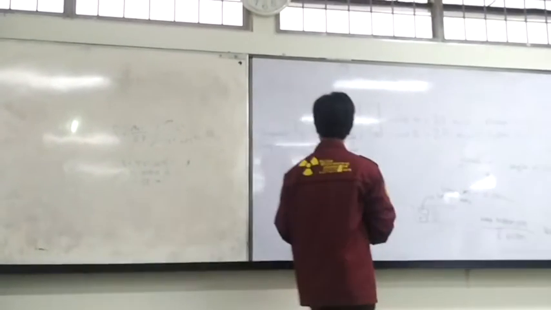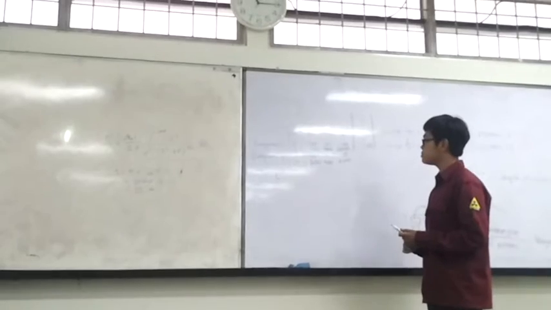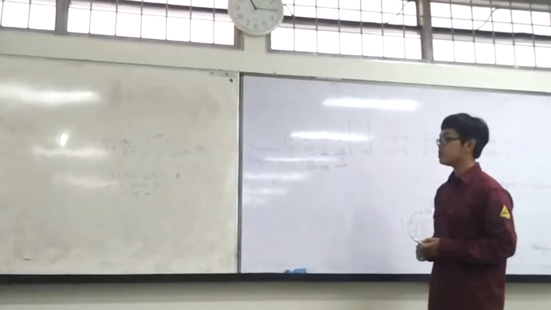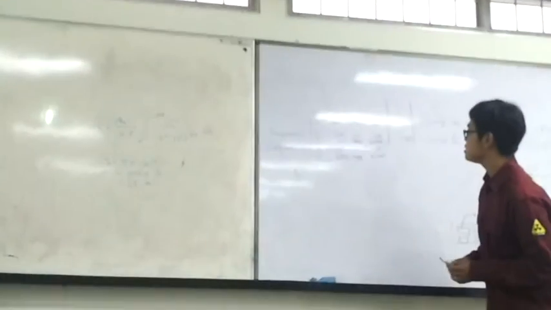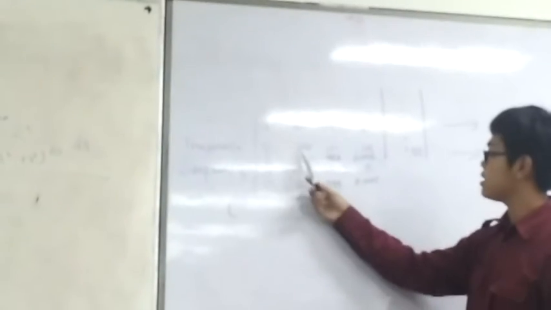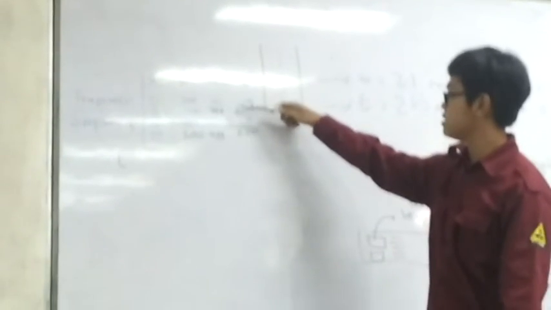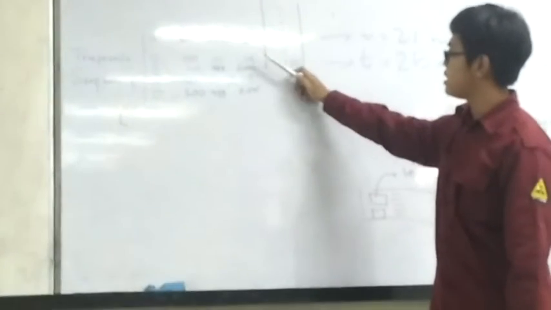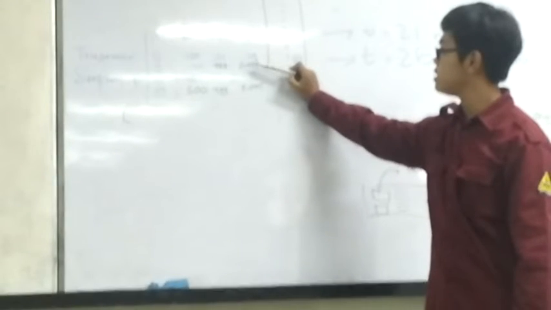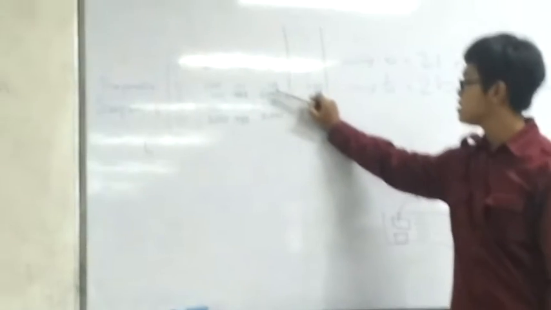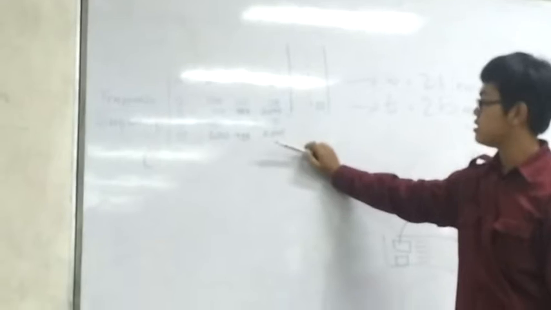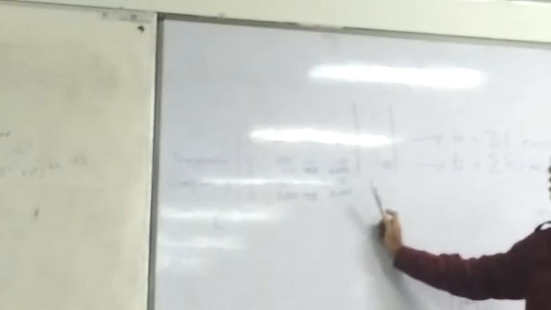This is the comparative of trapezoidal and Simpson, where we use the lower limit 0 and the upper limit is 100, with trapezoidal with the same segment is 101. We get the error of the trapezoidal is 1.109 and Simpson is 1.10.